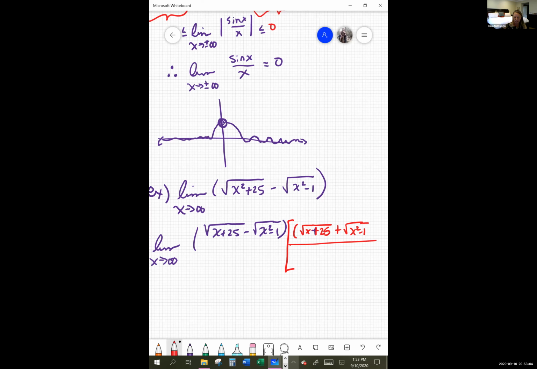Unfortunately, because of the addition in between, we can't just break this down. These both have x squares, so a lot of students would like to say the square root of x squared plus 25 is x plus 5, and that is totally wrong. So don't do it. It's really tempting to. And then whatever we do to the numerator, we have to do to the denominator, so we're multiplying the bottom by the square root of x squared plus 25 plus the square root of x squared minus 1.